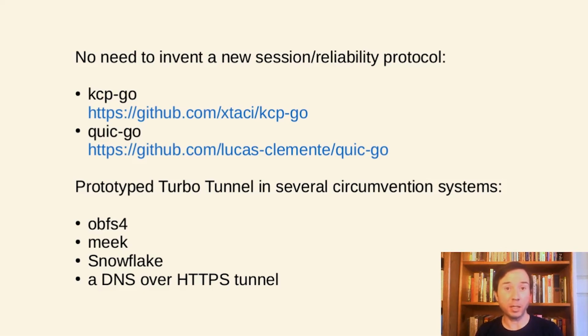So any ongoing downloads you had going on are all terminated. The turbo tunnel version of obfs4 is resistant to TCP termination attacks because it has a notion of a session that is independent of any one TCP connection. So when one TCP connection gets terminated, you can start a new one and resume the session on that new connection as if nothing had happened.